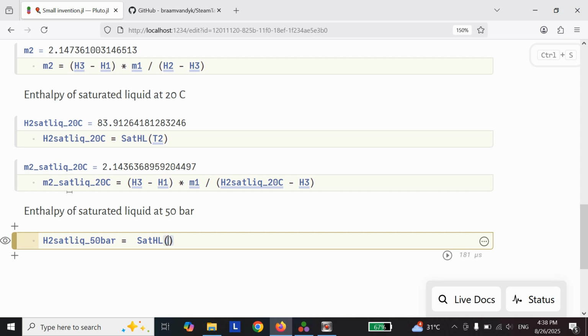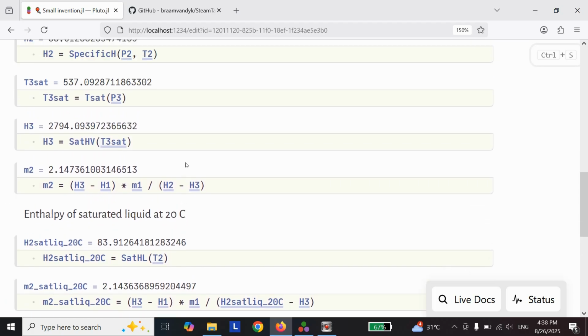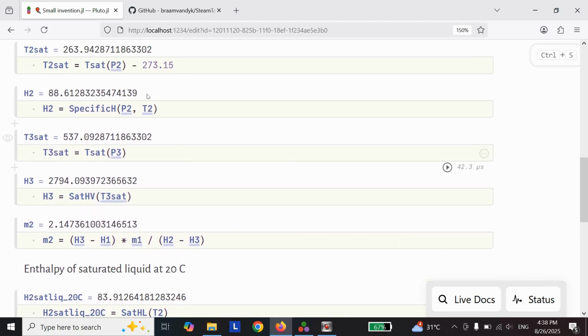But for temperature here, instead of using 20 degrees Celsius, I'm going to use the temperature that corresponds to pressure P2, which is T2 sat.